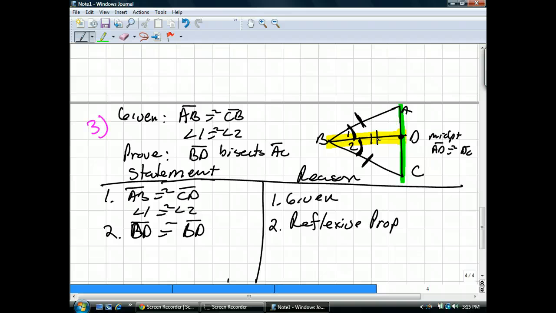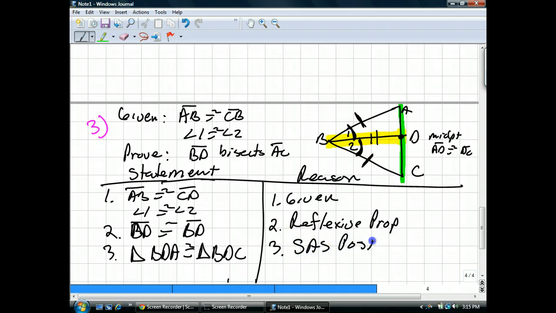So I have a side angle side, and the angle is the included angle between the two sides. So now I can say that triangle BDA is congruent to triangle BDC. And that was by side angle side postulate.